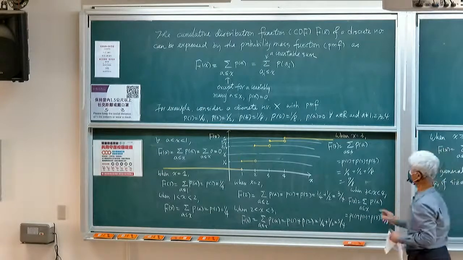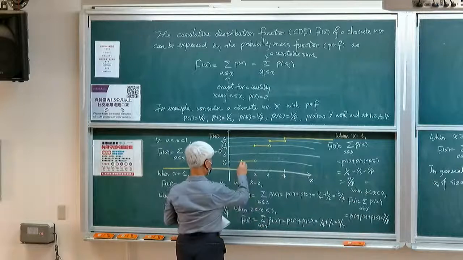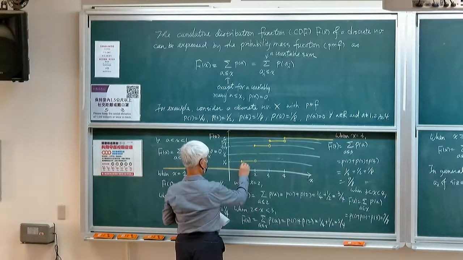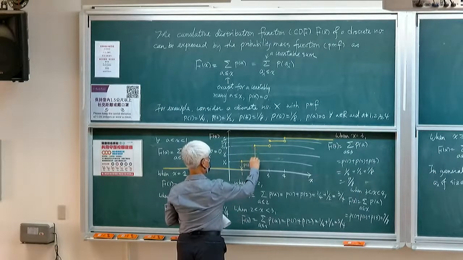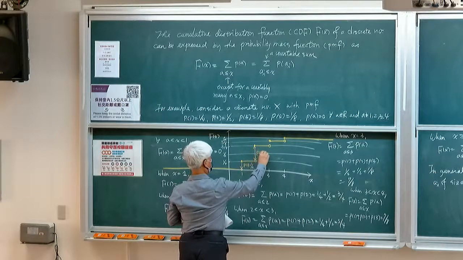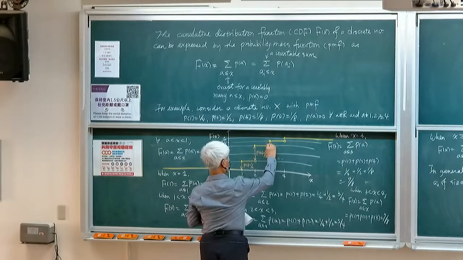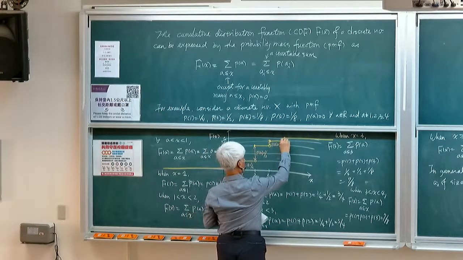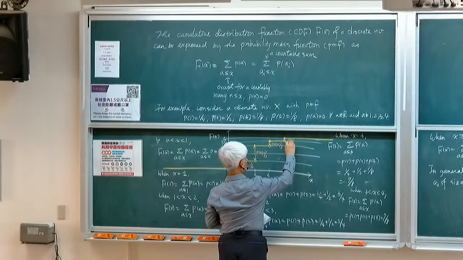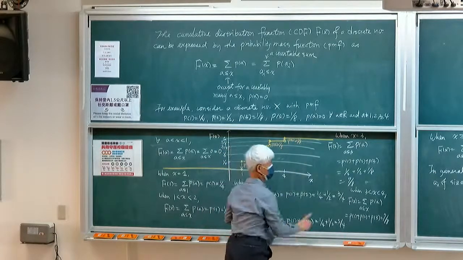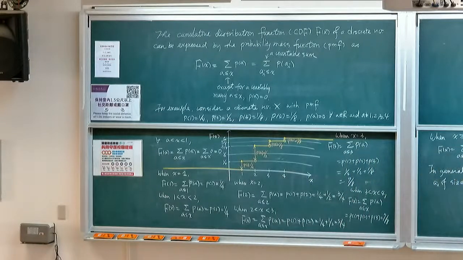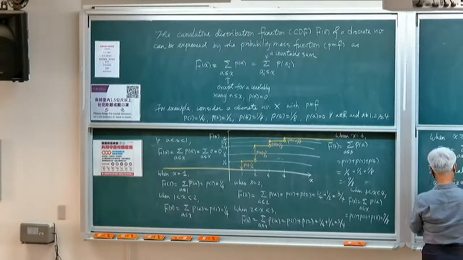What is the size of the jump? Here, the jump is P(1), which is 1/4, and the jump here is P(2), which is 1/2. The jump here is P(3), that is 1/8, and the jump here is P(4), which is also 1/8. So the jumps occur at the possible values a_i, and the size of the jump is P(a_i).